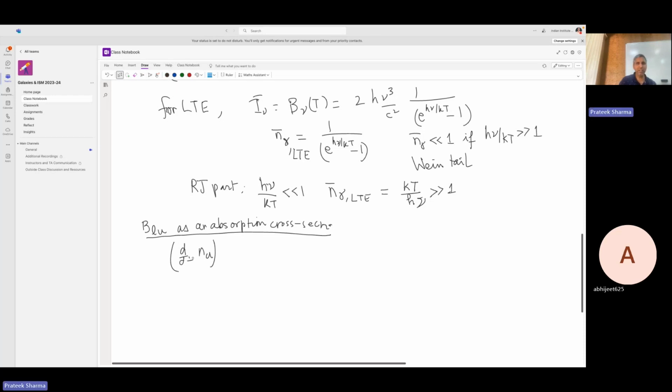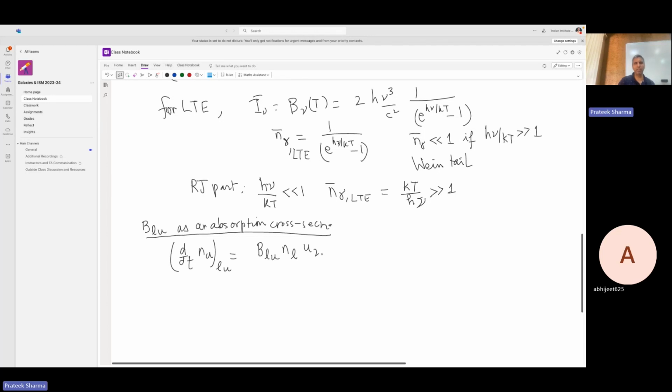The rate at which you are creating electrons in the excited state because of absorption of photons is equal to B_LU n_L U_nu, right?